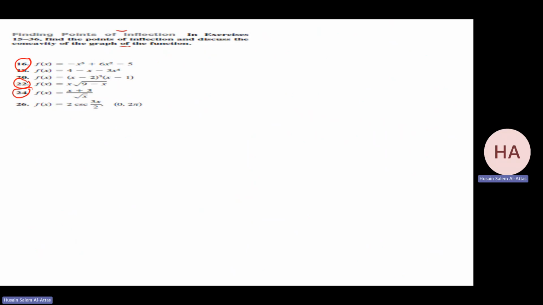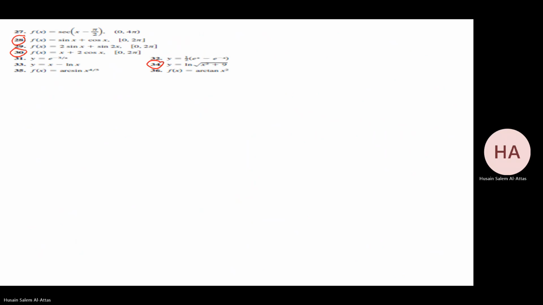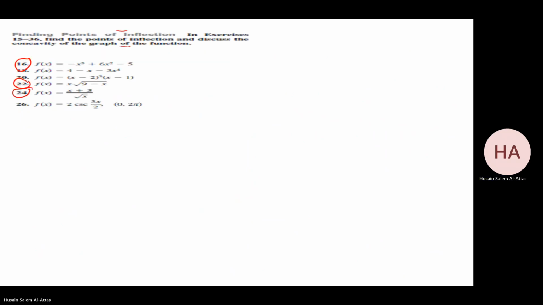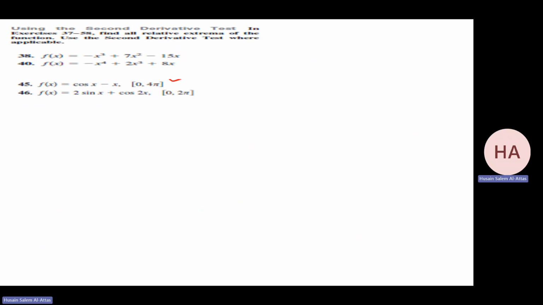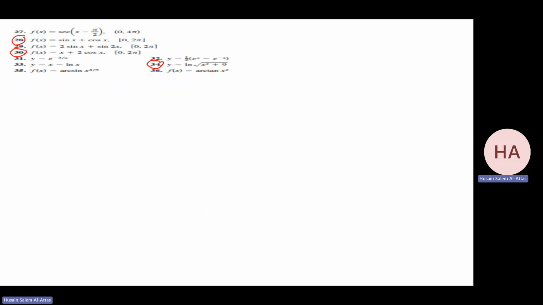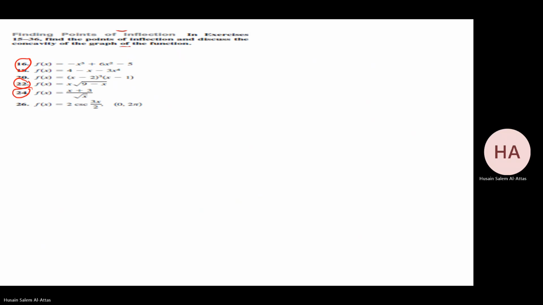Now, point of inflection. Let me start with easy ones. We have 15 to 36. Yeah, I chose many functions. This is the complete one. I need to find f double prime. That's the biggest problem. You need to find f double prime, which makes it very complicated.